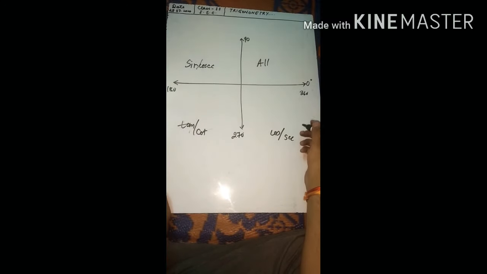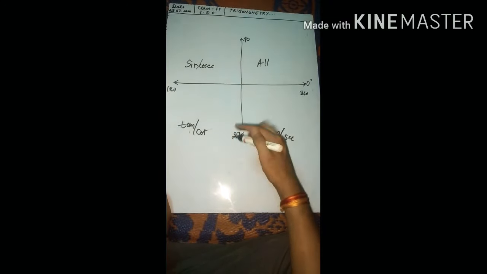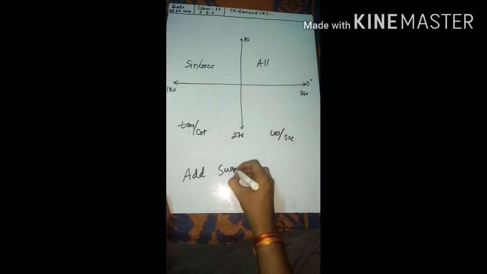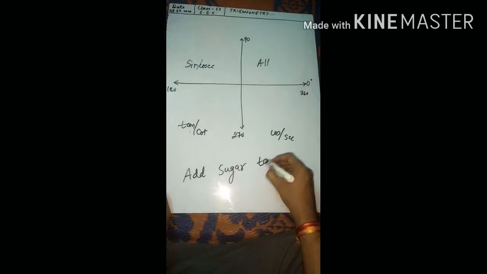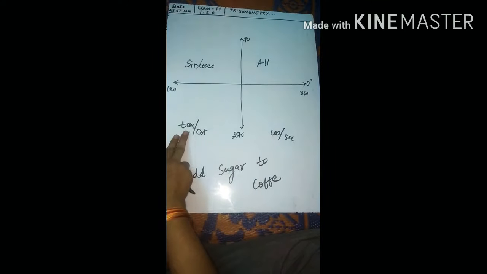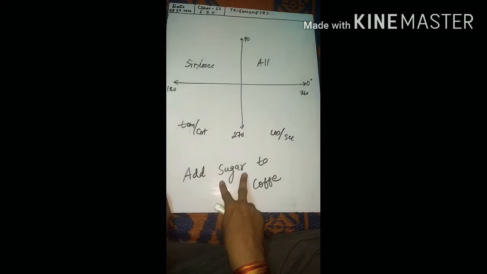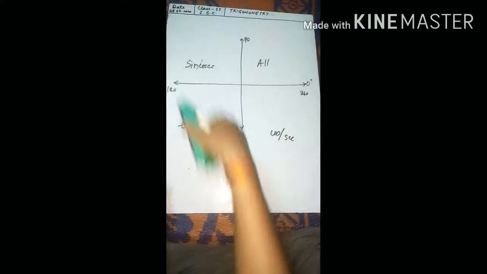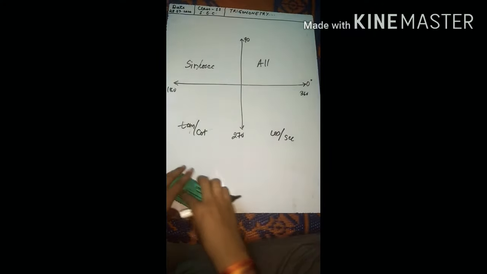See, I used the mnemonic and accordingly I was wrong. I used the mnemonic as add sugar to coffee. ASTC, add sugar to coffee. Okay, so you can remember in which quadrant which things are positive or negative.